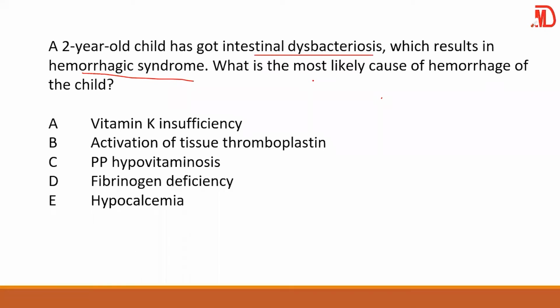And clotting factors are the things needed to prevent bleeding. So when this vitamin is deficient, there cannot be carboxylation of these clotting factors, which means that they will become ineffective, or inefficient. So over here, we're looking at vitamin K deficiency or vitamin K insufficiency. So your answer is A. Vitamin K insufficiency.